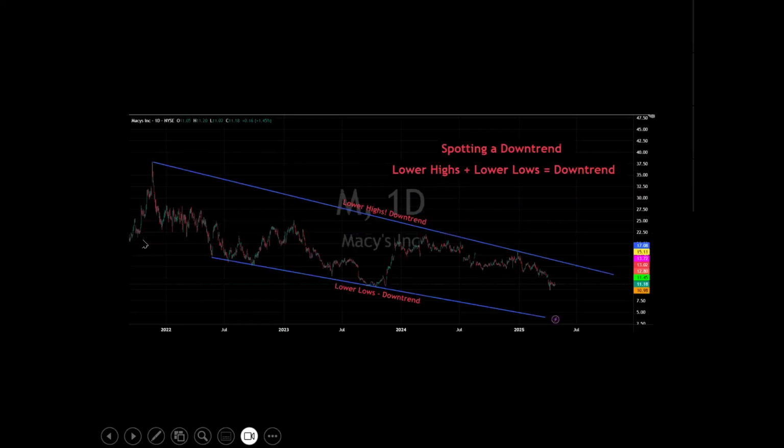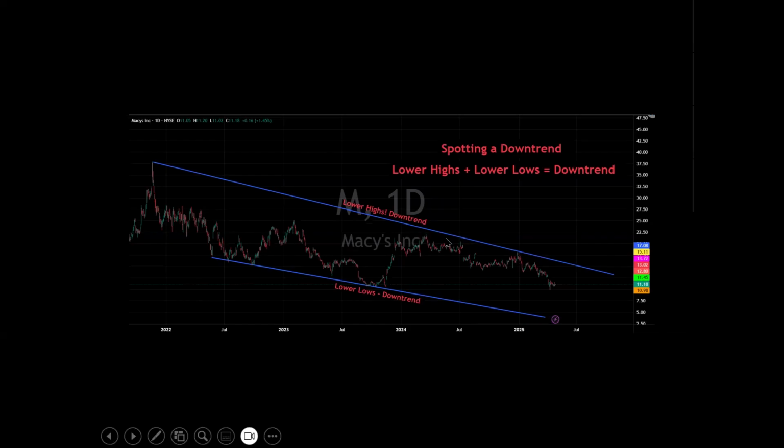Next, we have the downtrend. Almost the same principle, except we have a high here, a high here, a high here, a high here. The only difference is this high is lower than that high. This high is lower than that one.